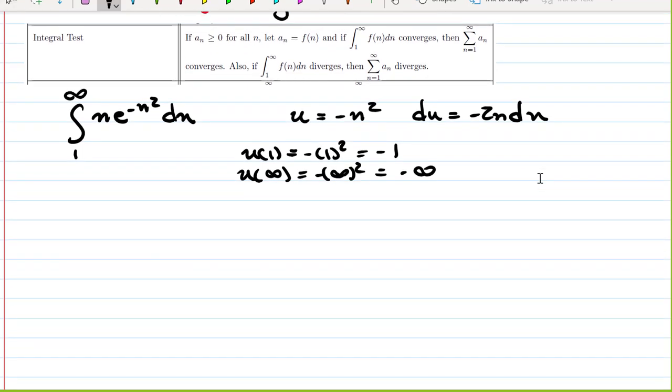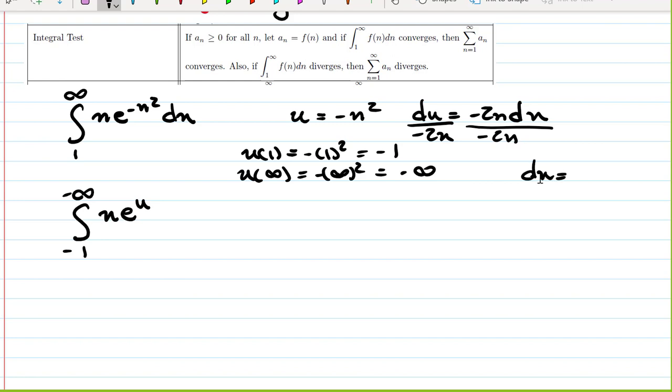So our new limits of integration would be from negative 1 to negative infinity of n e to the u, and then solving this for dn, we would divide by negative 2n. So dn equals negative du over 2n. So we get negative du over 2n.